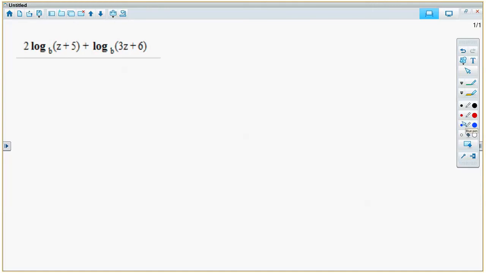All right, so with that handy dandy power rule of logarithms, we can bring that up.